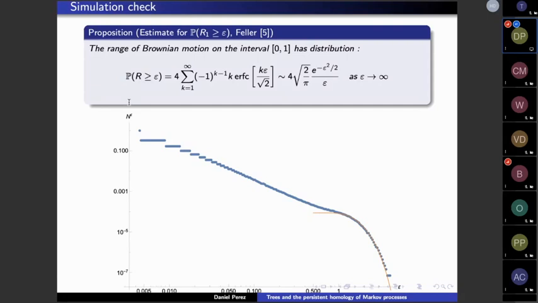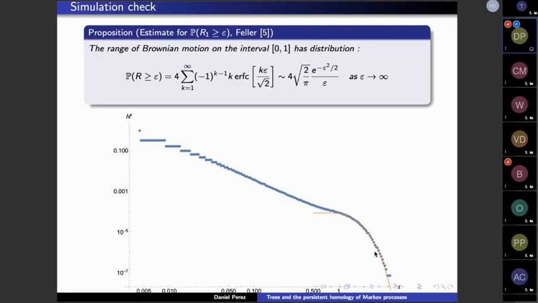The distribution of the range for Brownian motion, and this is a theorem by Feller, is something like this horrible formula. If you do the asymptotics of this sum, you will find that it is asymptotic to this quantity right here as epsilon goes to infinity. If you plot this quantity, you have a curve like this.